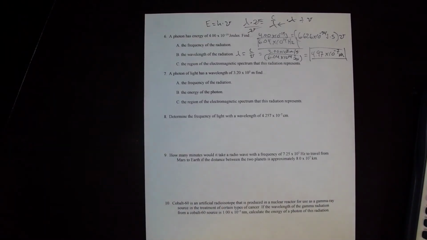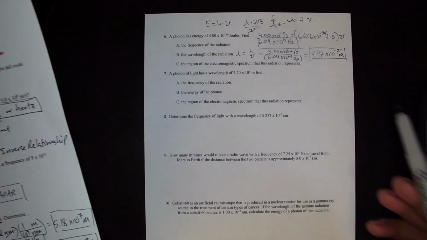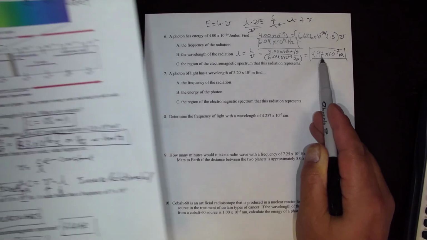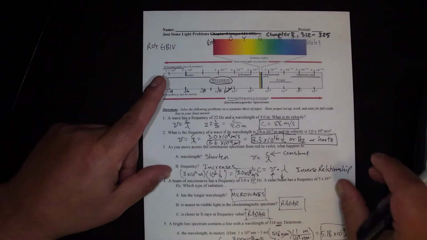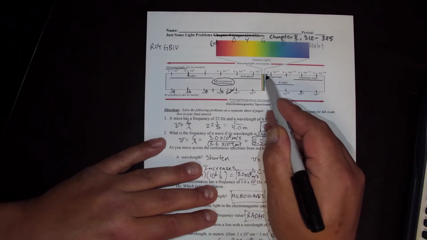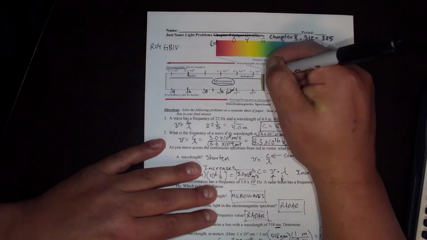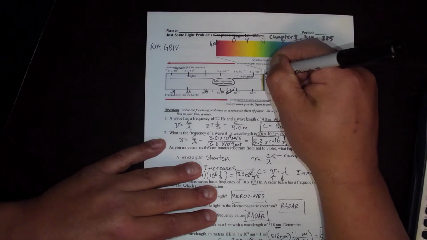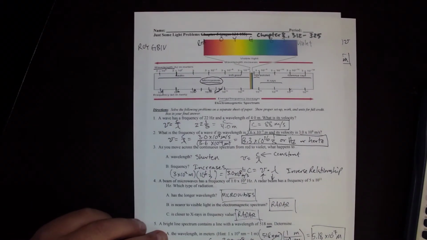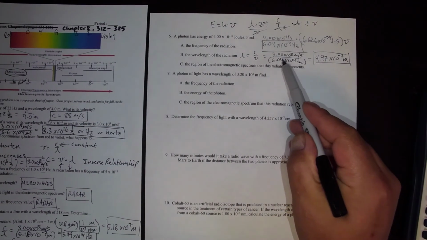All right, let's use wavelength because that's the last one we did. 4.97 is pretty close to 5, so I'm going to say that's close to 5 times 10 to the negative 7th. That puts us about in that region, I would say. Well, let's try the top one, see if it matches up.